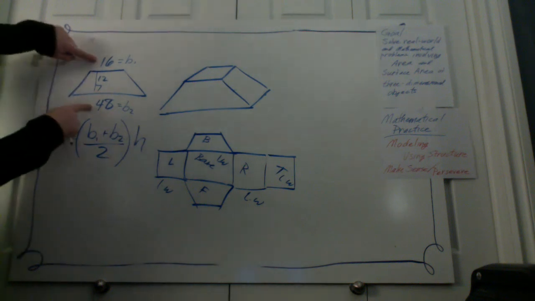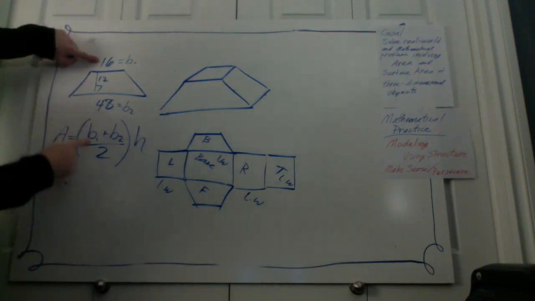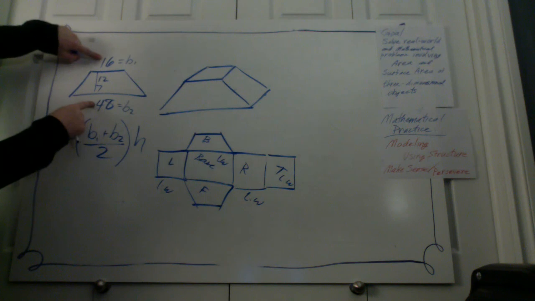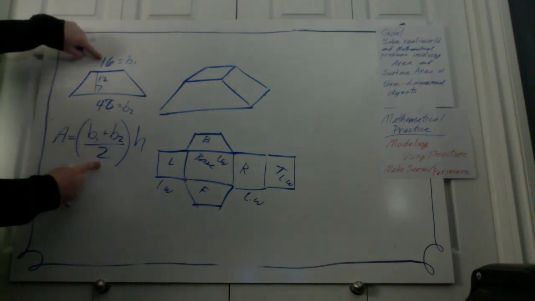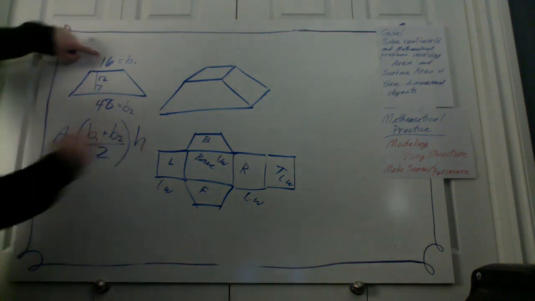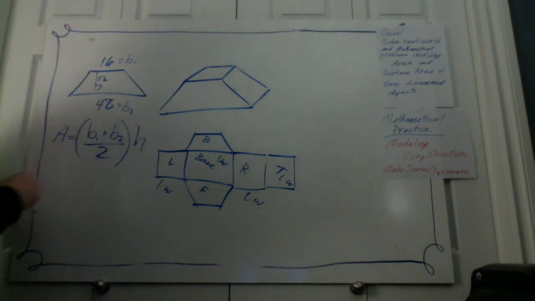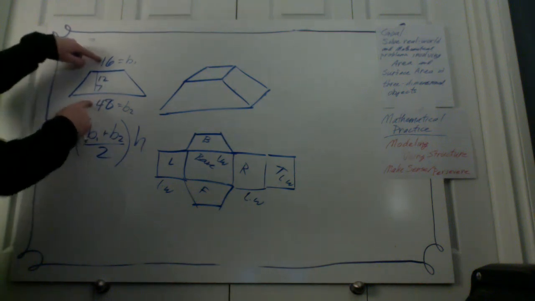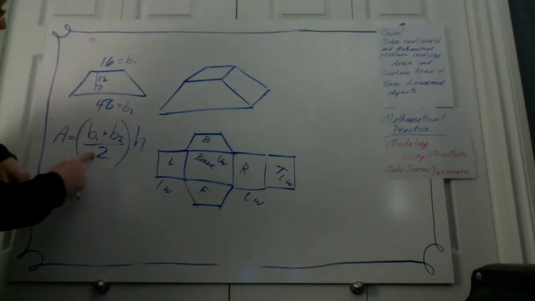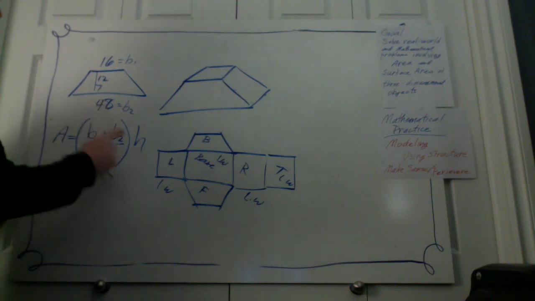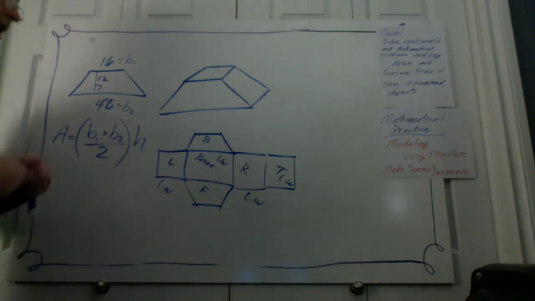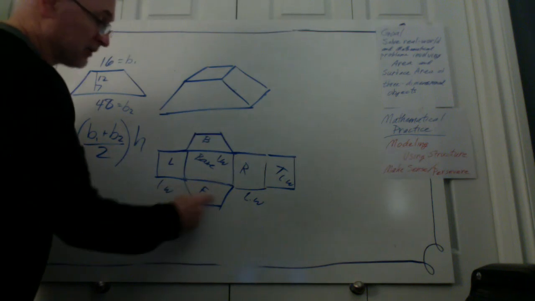So you add these together on the top, you divide by 2, and then you multiply by 12, which is the height. So it's these two averaged, found the mean of them, and then multiply that by the height. And that's one of these faces.